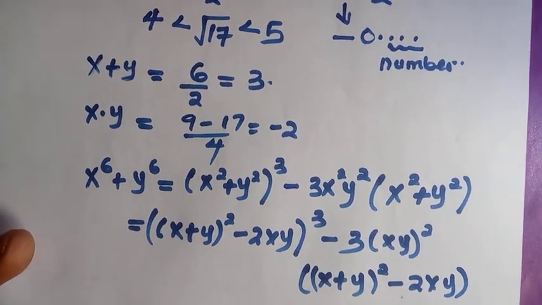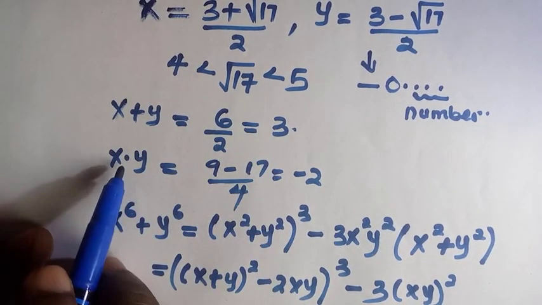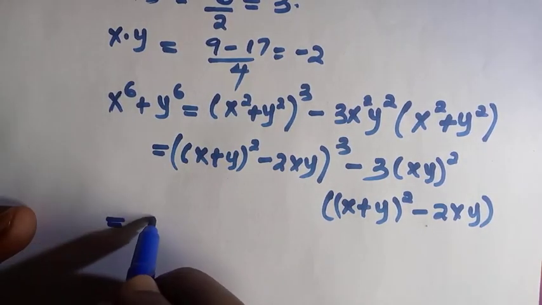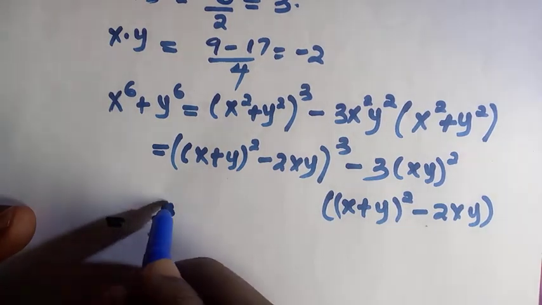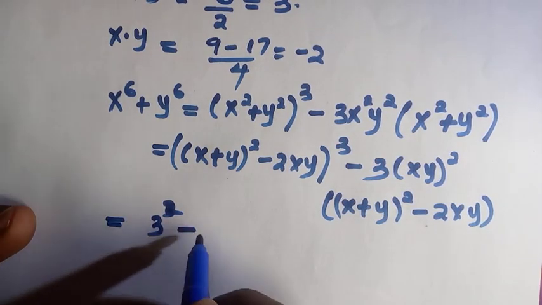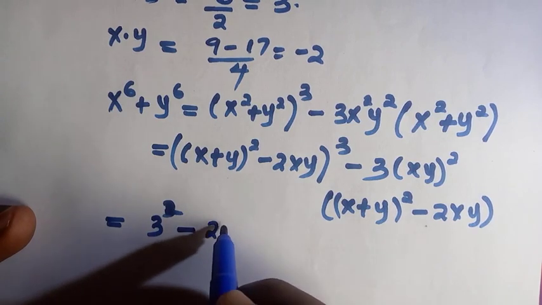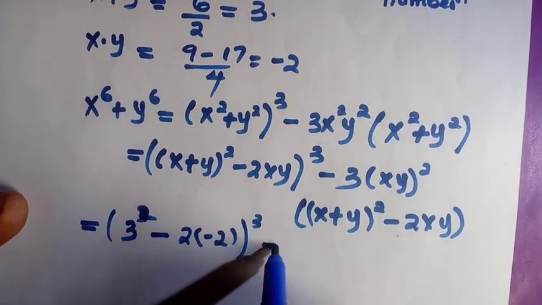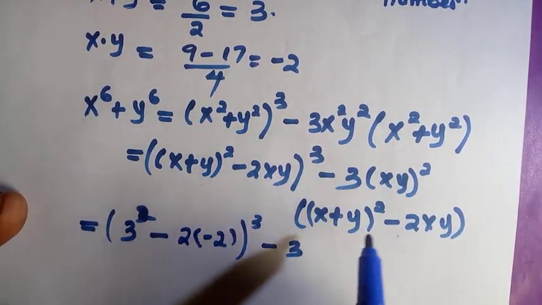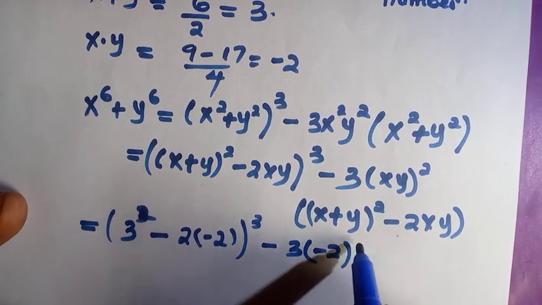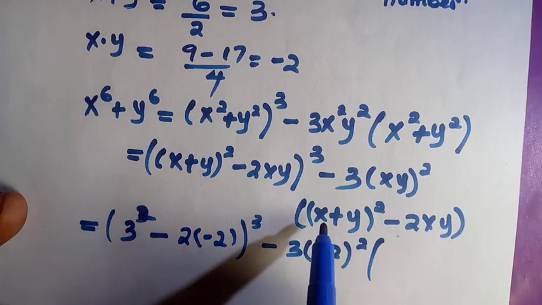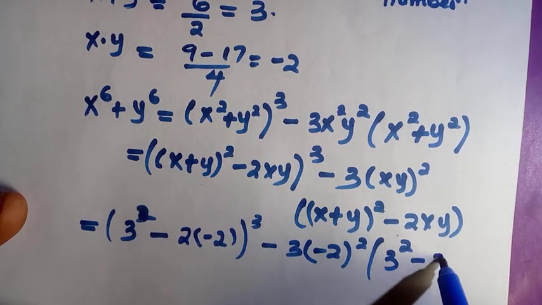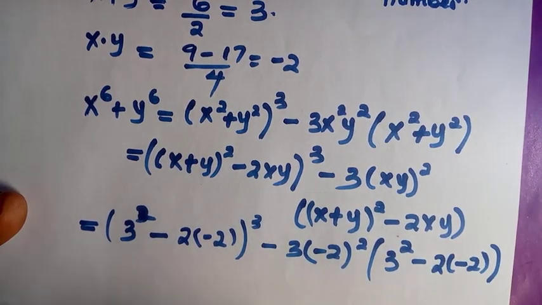Okay, so here is what I'm going to use. When applying this, x plus y is 3 and xy is negative 2, so we just do the replacement. The value of x plus y is 3, and this 3 is raised to power 2, and we have minus 2 times negative 2, all raised to power 3, minus 3 times (negative 2) raised to power 2, times 3 squared minus 2 times negative 2.